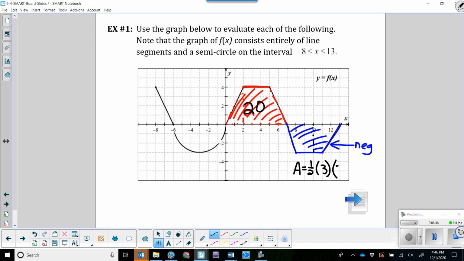So we've got 3 for the short base and 1, 2, 3, 4, 5, 6 for the long base. So we end up with 3/2 times 9, which is 27/2, or 13.5. Now, the thing we have to remember is that's the area of that blue shape, but it's underneath. So that means for our purposes, we need to use that as negative, okay?